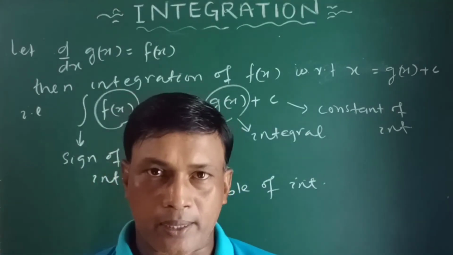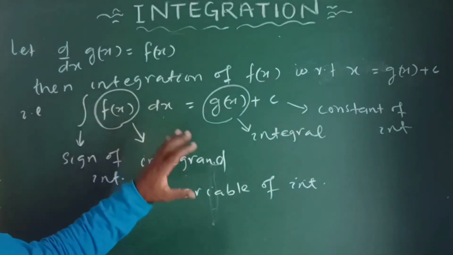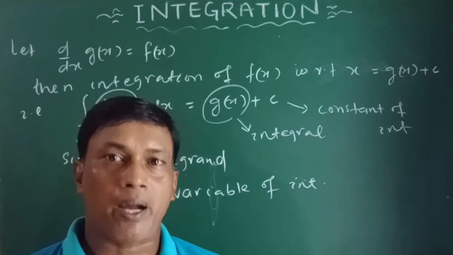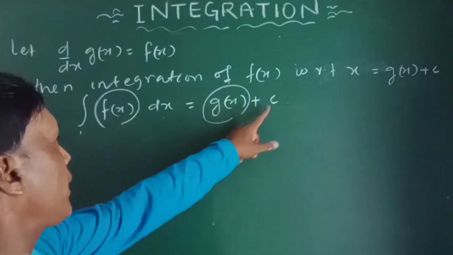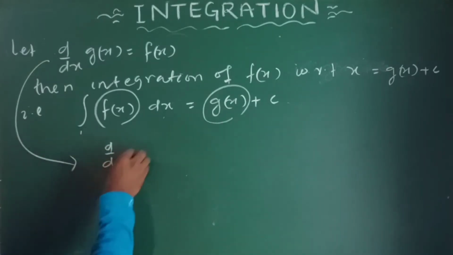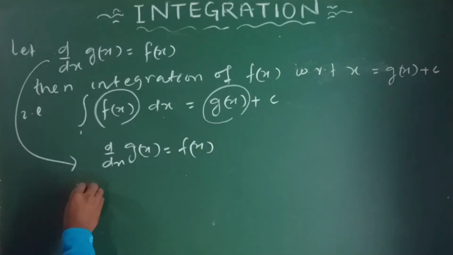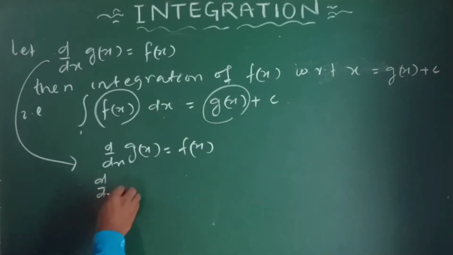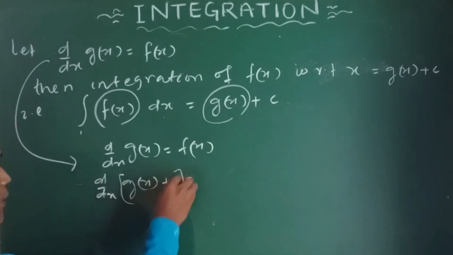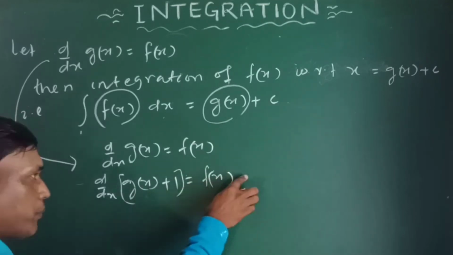Integration is a process. Integrate means to find the integral. So this is a process where we find the integral. Now why is there a c here? Look at here. Derivative of g of x is equal to f of x. If we take the derivative of g of x plus 1, then derivative of g of x is f of x, but derivative of 1 is 0.